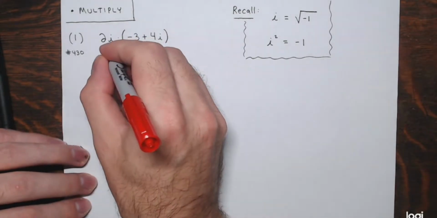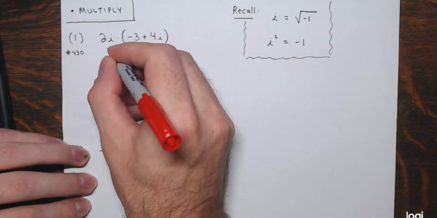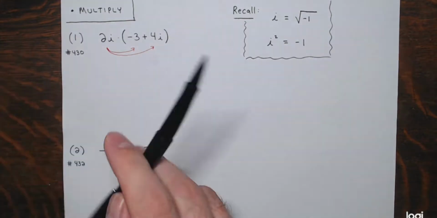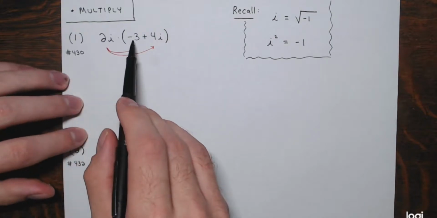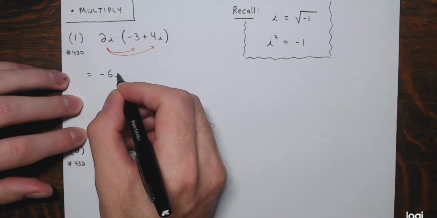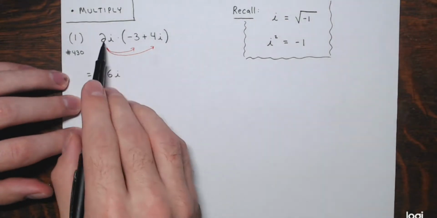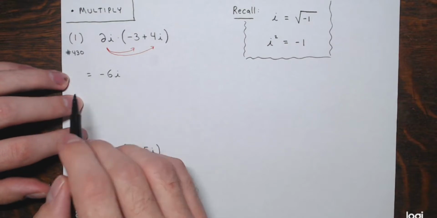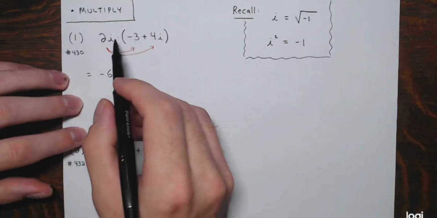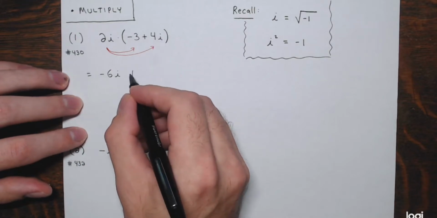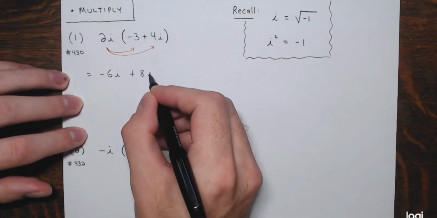The only difference is i is not a variable, i is a specific number. So let's do that. I'm going to be distributing 2i here. We'd have 2i times negative 3, which is negative 6i. Again, just like if you were doing 2x times negative 3, it would be negative 6x. And then 2i times positive 4i would be positive 8i squared.